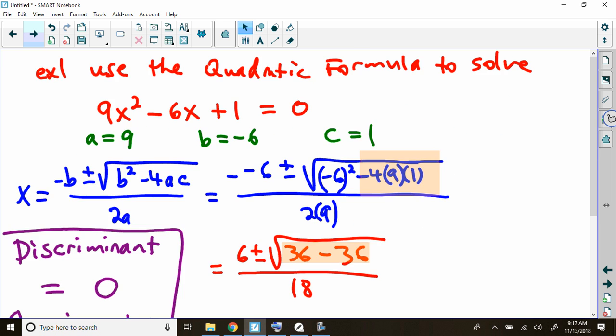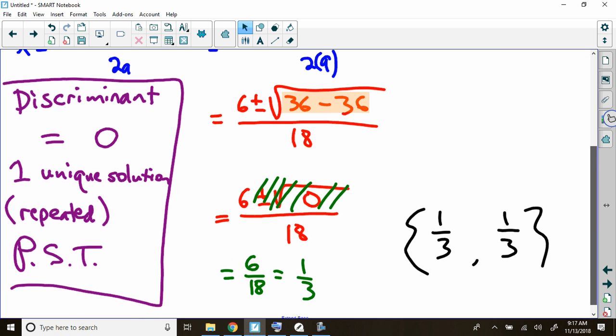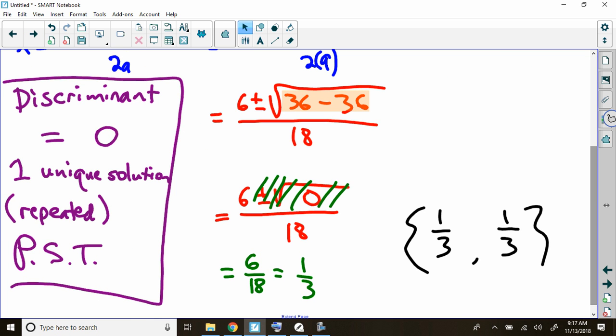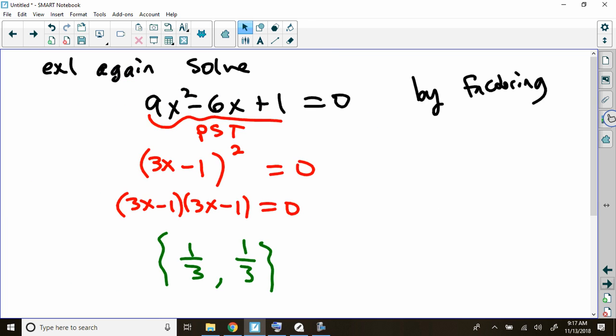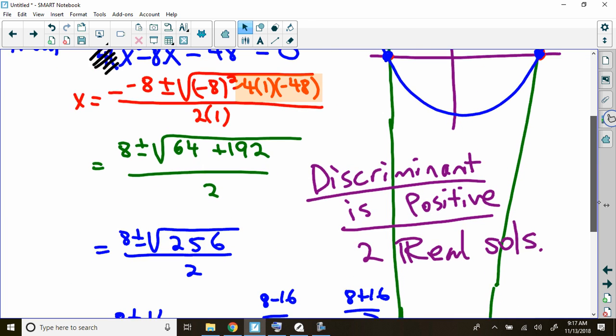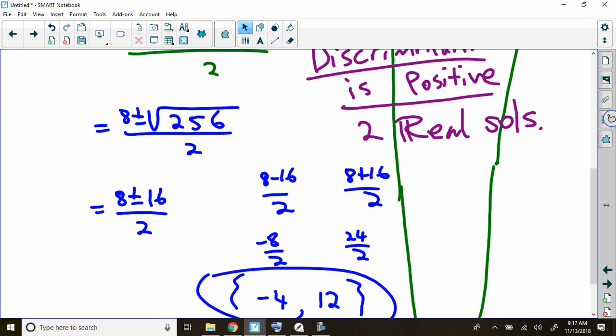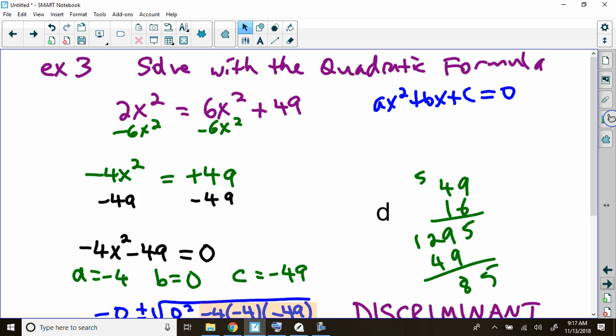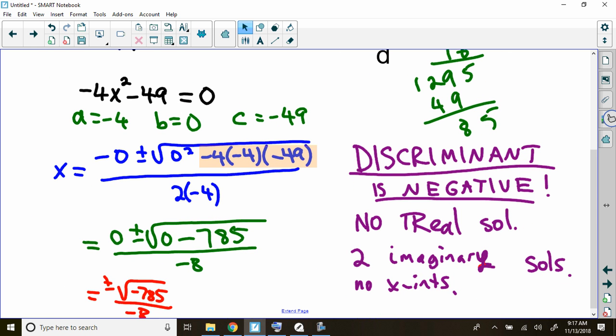If the discriminant is 0, then there's going to be one unique repeated solution. If the discriminant is positive, there's going to be 2 real solutions, which means the same thing as 2 real x-intercepts. If the discriminant is negative, that means there's not going to be any x-intercepts.